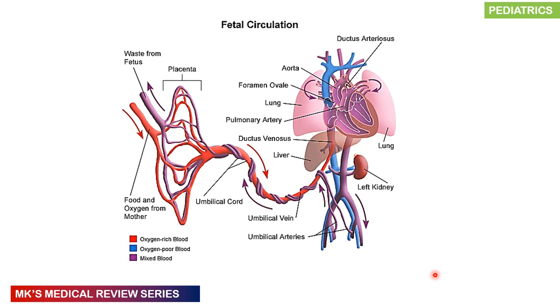The lungs are not really functional because they're filled with fluids. They're not expanding, and they're not working, quote unquote, for the gaseous exchange that they're supposed to do. In addition to this, certain mechanisms have to be put in place to maximize as much oxygen as possible for the fetus.